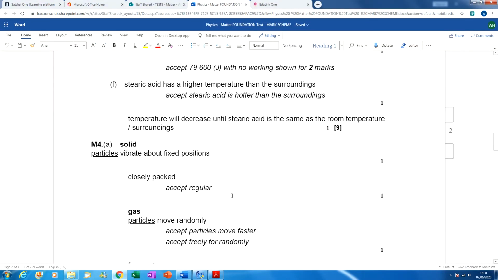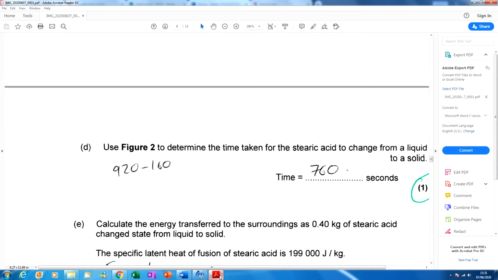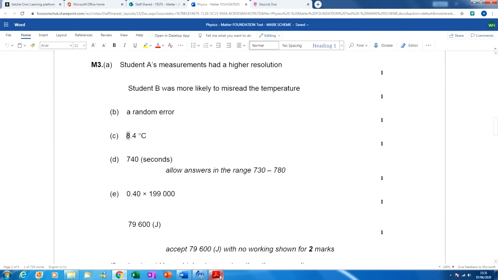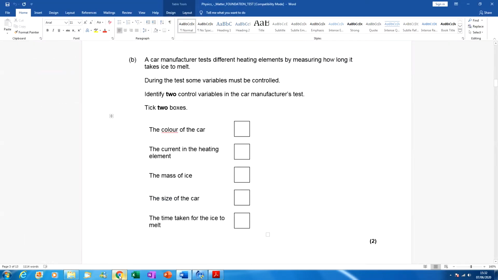So that gave you a difference of, well, I made it 160. They say one square difference, so they made it 640. So again, I'm 1 square out, but in this case they've been a little bit nicer and they've given me the mark because I'm between 730 and 780. So give yourself marks based on what you got.